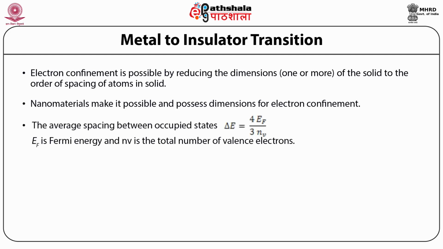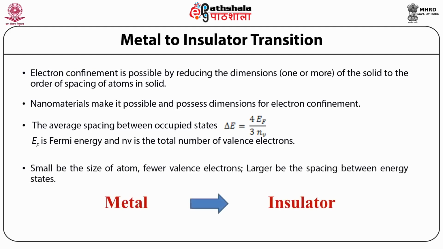The average spacing between the occupied energy states is delta E is equal to 4 EF divided by 3 NV, where EF is the Fermi energy and NV is the total number of valence electrons.